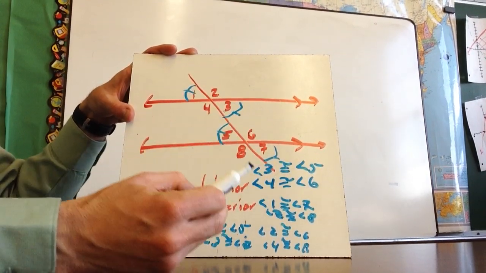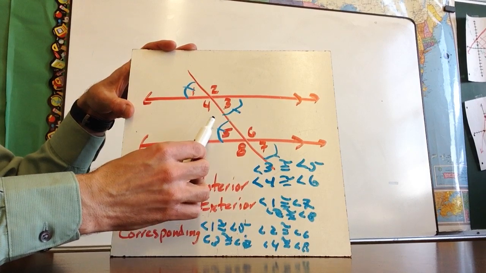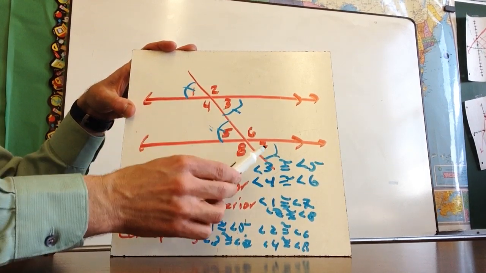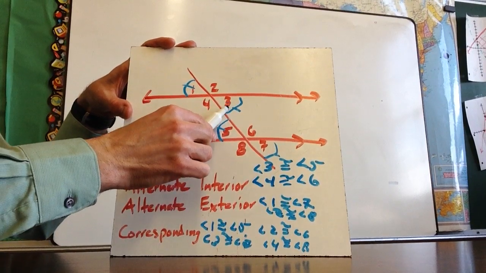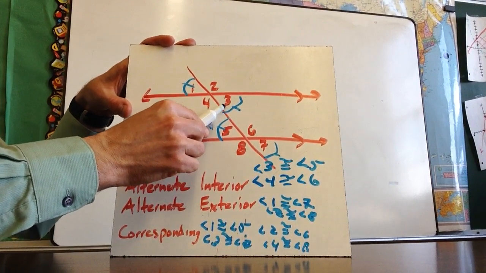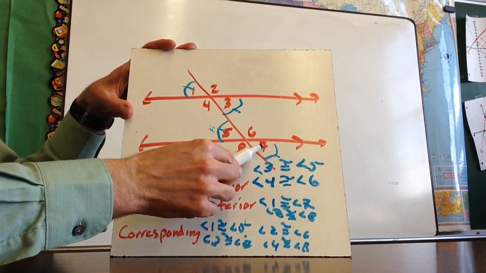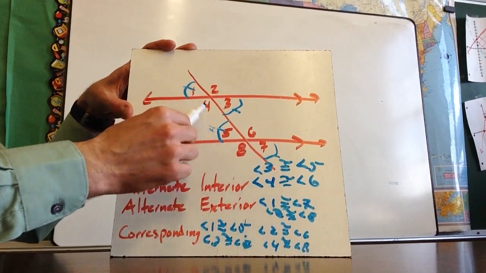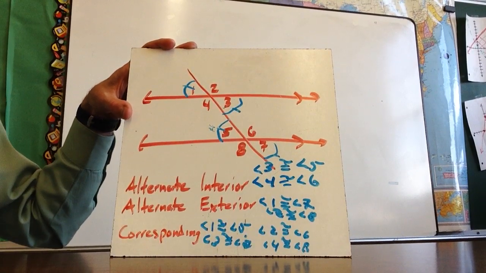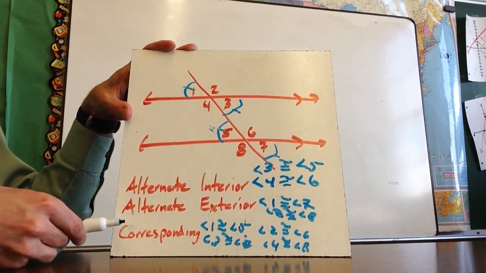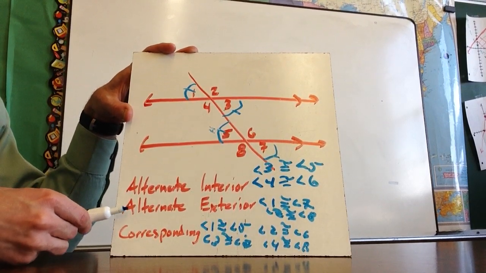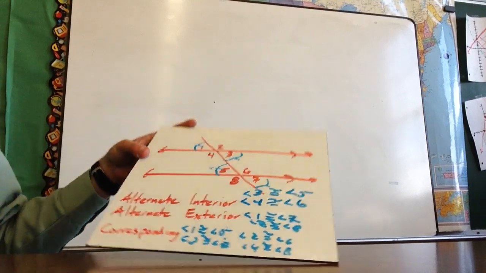So if you gave me the measure of angle 5, I now also know that 1, 3, and 7 are identical, because angle 5 is alternate interior with angle 3, it's vertical with angle 7, and it's corresponding with angle 1. So all of those would be congruent. Make sure that we're understanding alternate interior, alternate exterior, and corresponding angles.